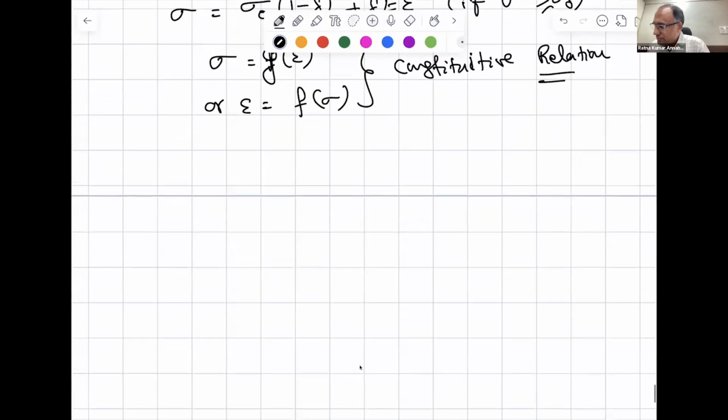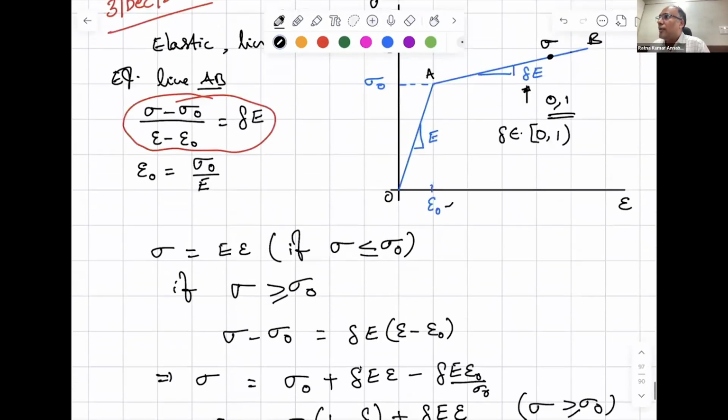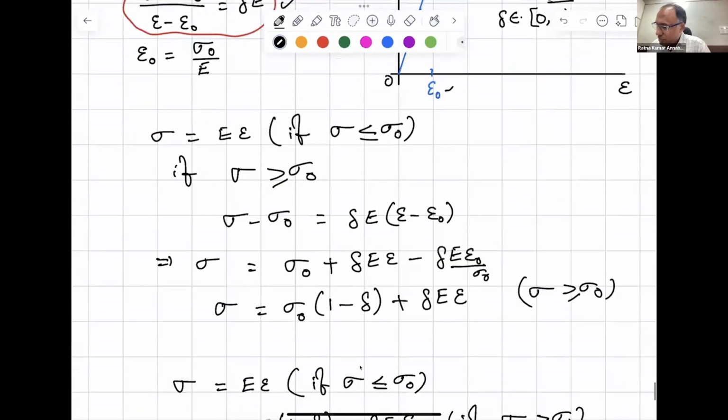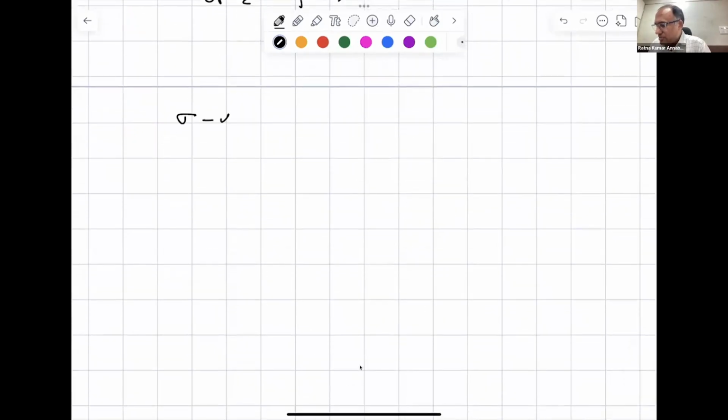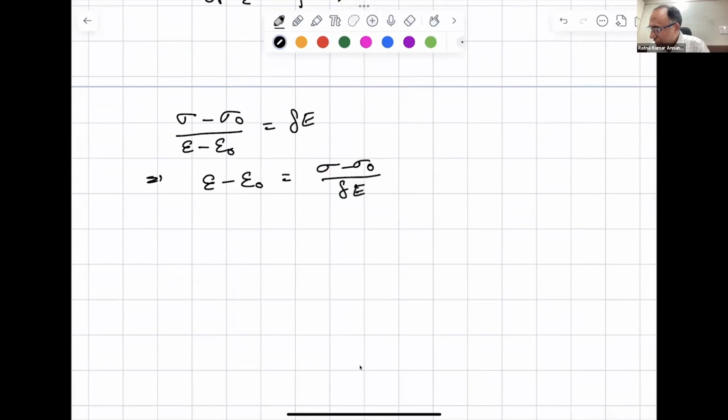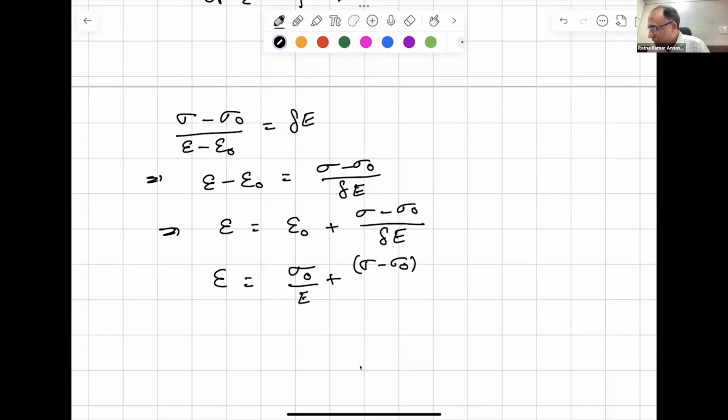So from this expression, sigma minus sigma naught by epsilon minus epsilon naught is equal to delta E. That implies epsilon minus epsilon naught is equal to sigma minus sigma naught by delta E. That implies epsilon is equal to epsilon naught plus sigma minus sigma naught by delta E. But we know what epsilon naught is. Epsilon is sigma naught by E plus sigma minus sigma naught by delta E.